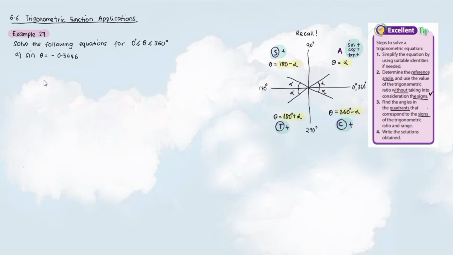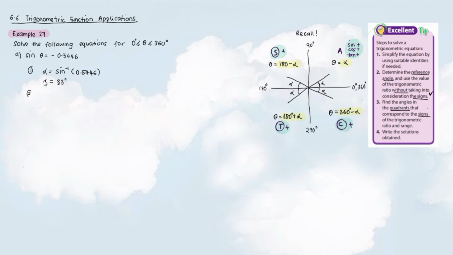Solve the following equations for range from 0 to 360. A: sin theta is equal to negative 0.5446. First we find the reference angle. Shift sin 0.5446, without taking into consideration the negative sign, and you will get the reference angle is equal to 33 degrees.